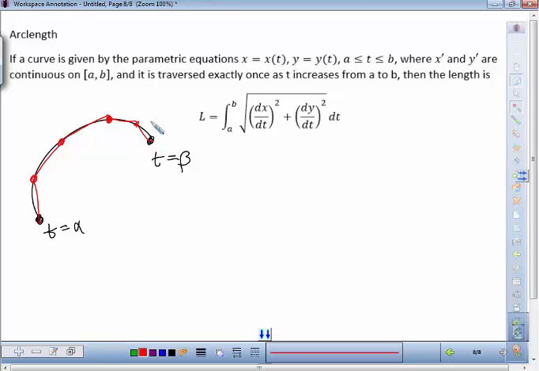You would partition your t into different values, and then you would find the arc length of one of them.